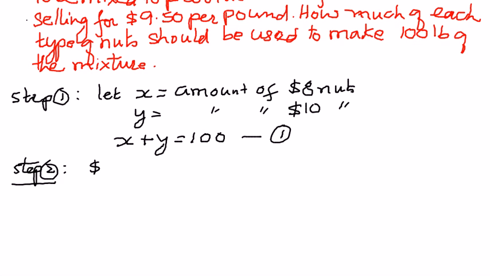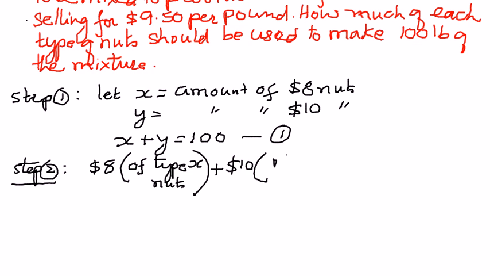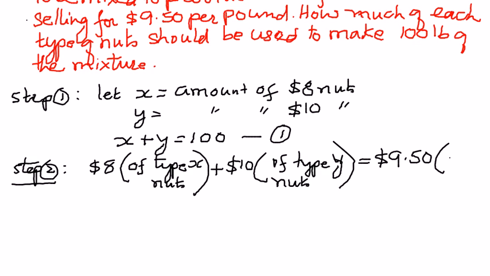The $8 of type X nuts plus $10 of type Y nuts should equal, we want to sell the mixture at $9.50, but of 100 pounds.